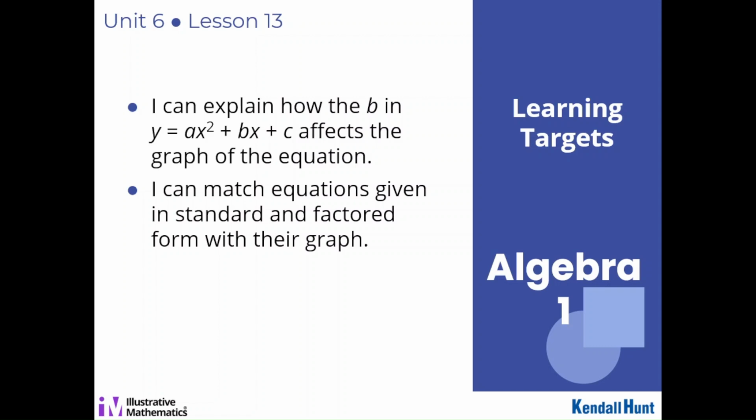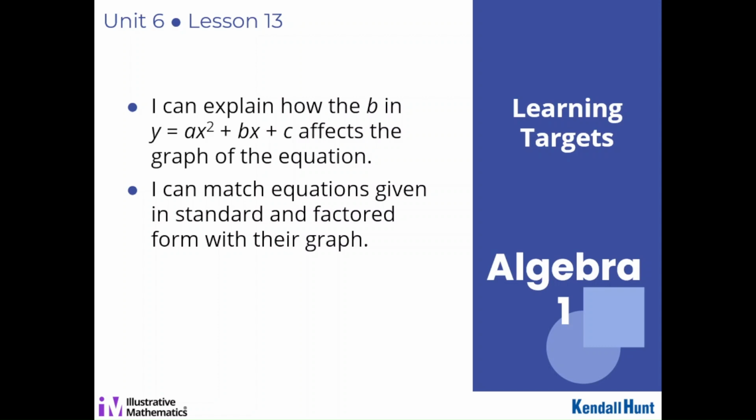And you should be able to combine your x-intercepts, divide by 2 to find the x value of your vertex, and then substitute that x value into the equation to find the y value of your vertex. And then you should be able to match these points with the graphs.